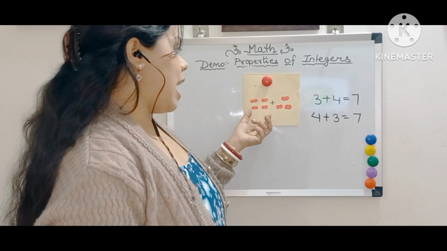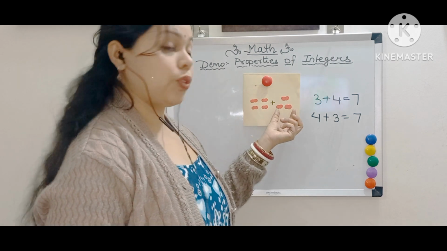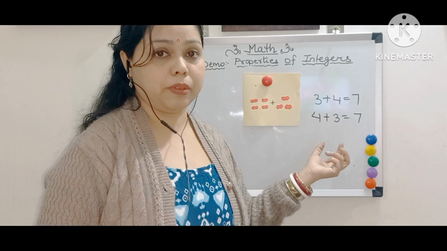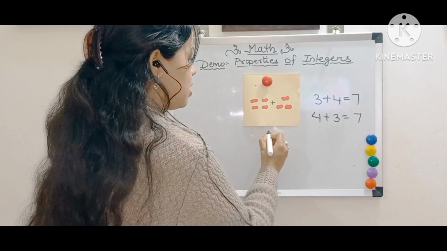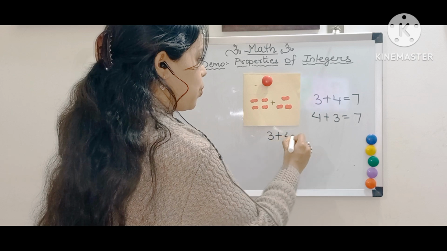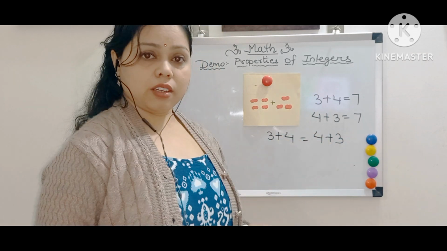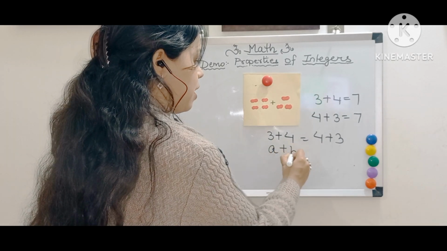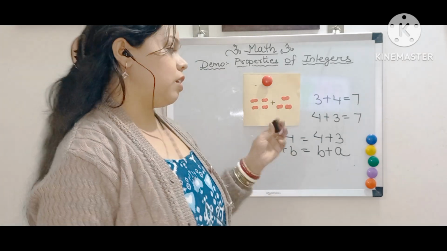Whether I put 4 here or 4 on this side, if I change the place of the numbers, we will get the same result. That means 3 plus 4 is equal to 4 plus 3. Right? So also you can say A plus B is equal to B plus A.